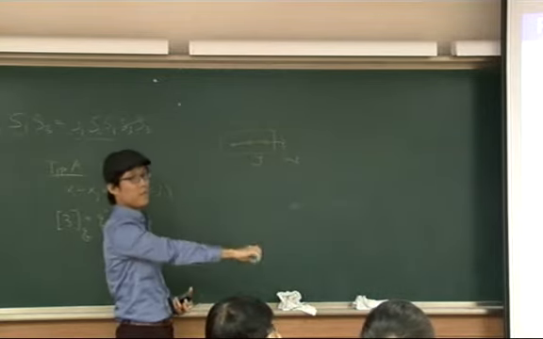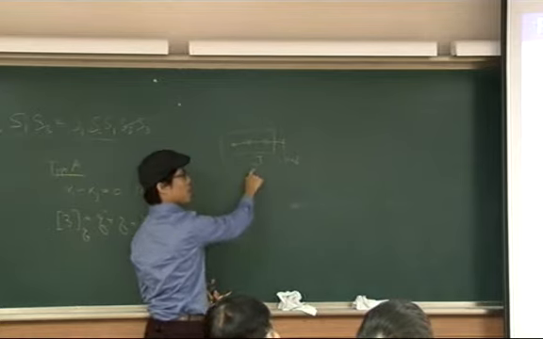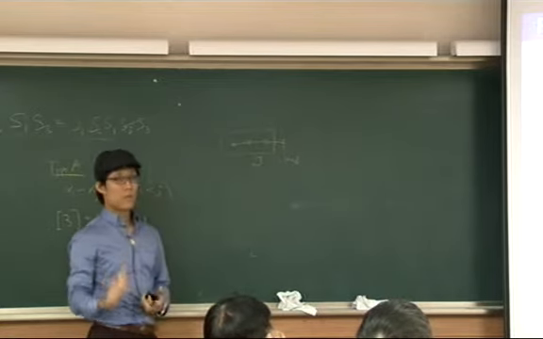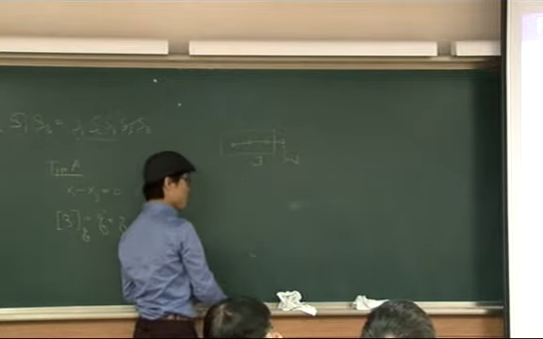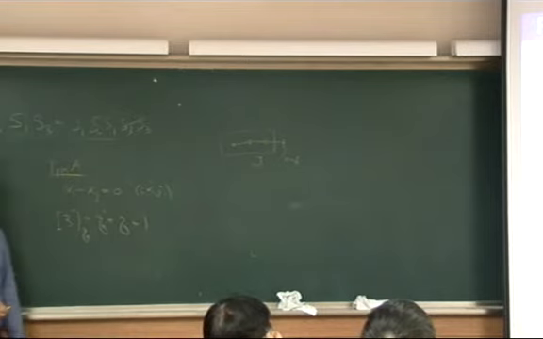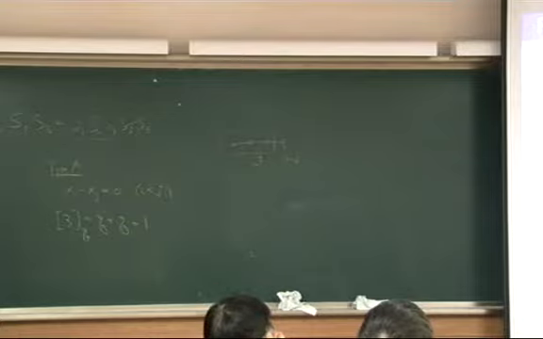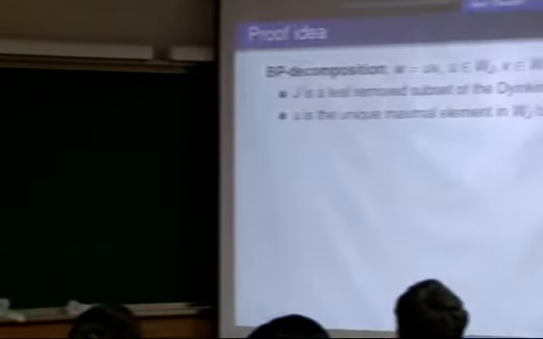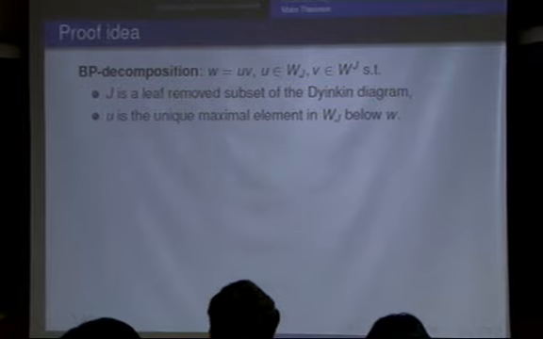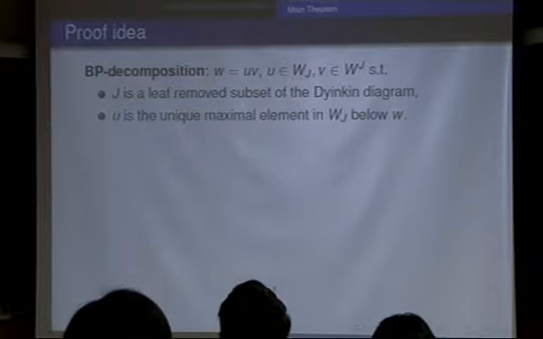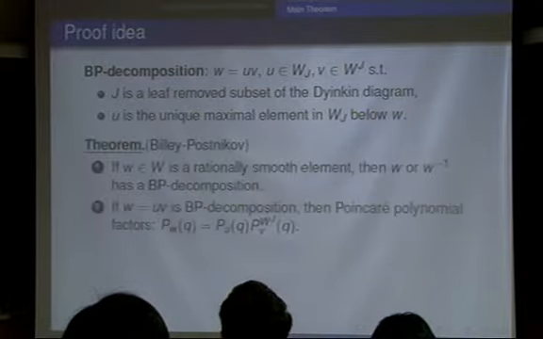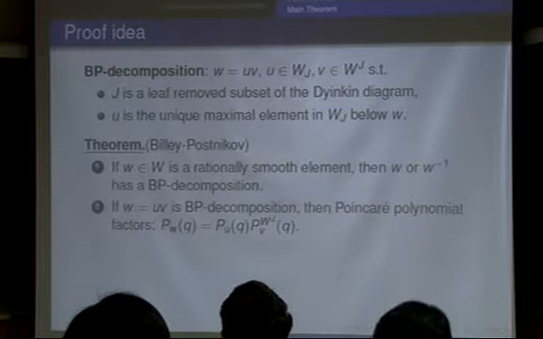So we remove one leaf and the remaining part is J. And we take a parabolic decomposition with respect to this J. And if that decomposition satisfies this property, that U is the unique maximal element in this parabolic group below W, then it's called a BP decomposition. It's a kind of complicated combinatorial stuff. You can just think of it as a black box.